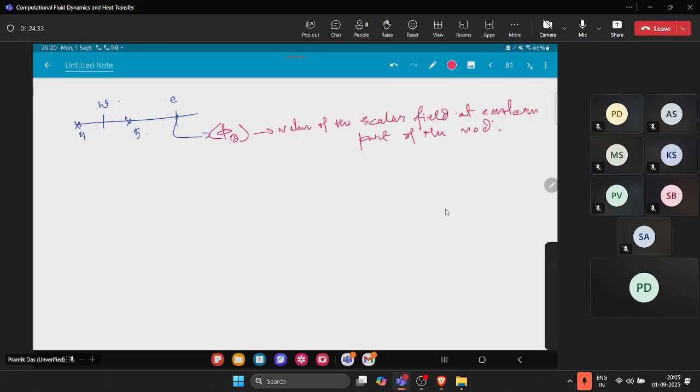Okay. So this thing is basically equal to F phi e minus F phi w equals gamma d phi dx at east minus gamma d phi dx at west.